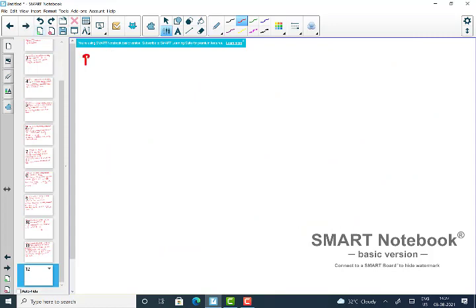And the proof depends on something called mathematical induction. So the proof is, we'll use the principle of mathematical induction.